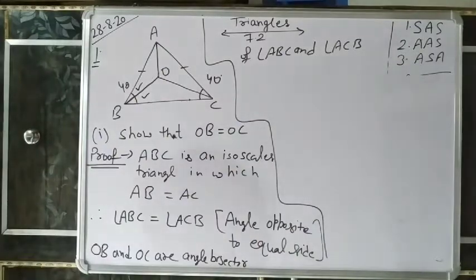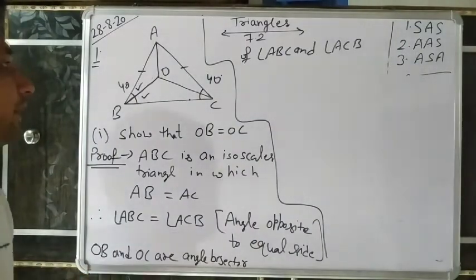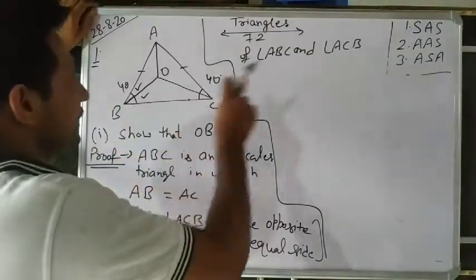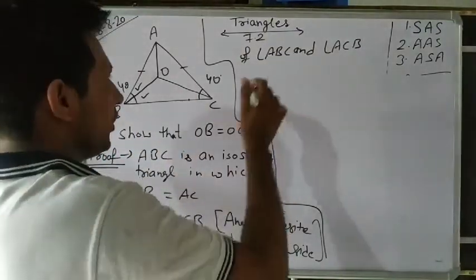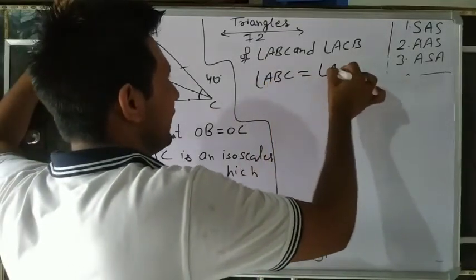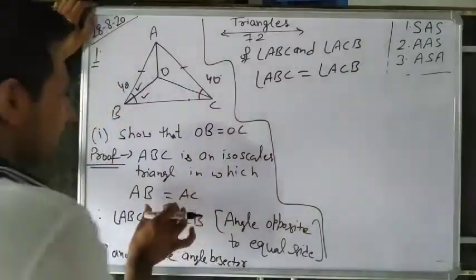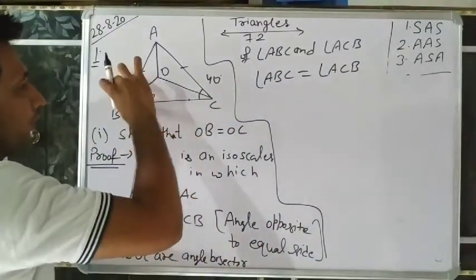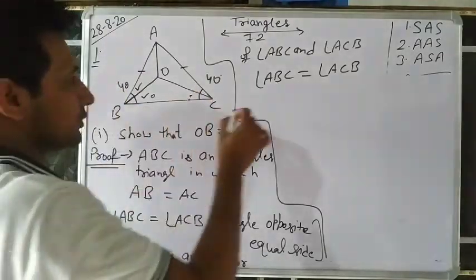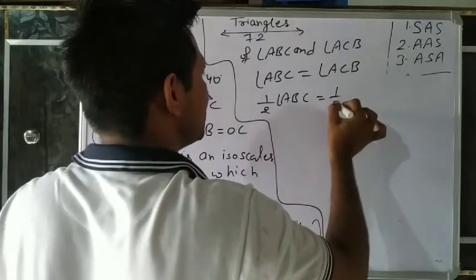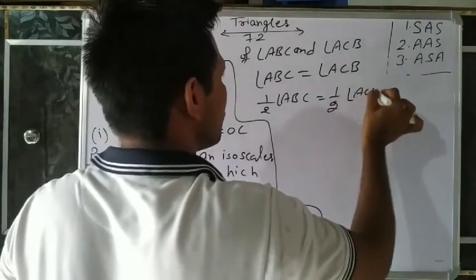We know these are already equal, so therefore angle ABC equal to angle ACB. Both are equal. And this angle is half of ABC, this one angle is half of this one, so it means half of angle ABC is the same as half of angle ACB.